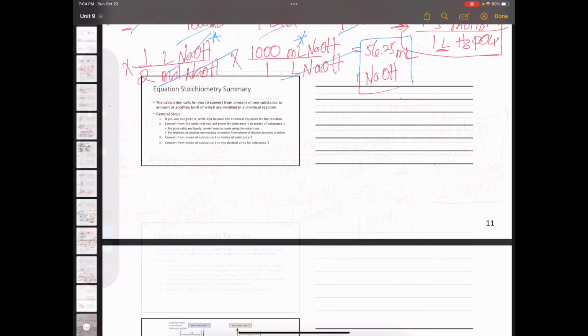Okay? Okay, let's sum up everything for stoichiometric calculations. So generally, the calculations will ask you to convert from the amount of one substance to the amount of another, just like how we did with NaOH and phosphoric acid. We know how much phosphoric acid we're starting with, and we're trying to calculate how much exactly of NaOH will be needed to complete the reaction.